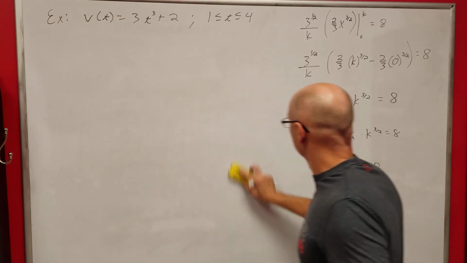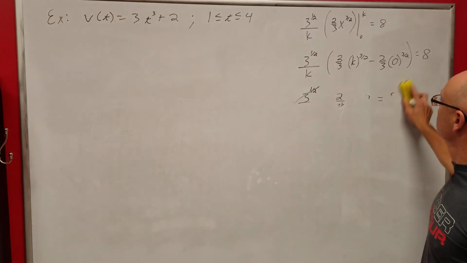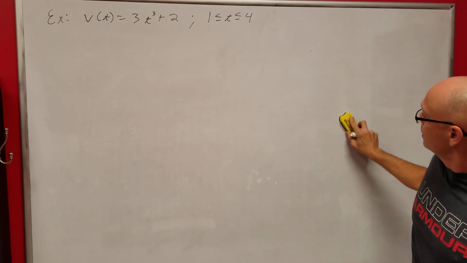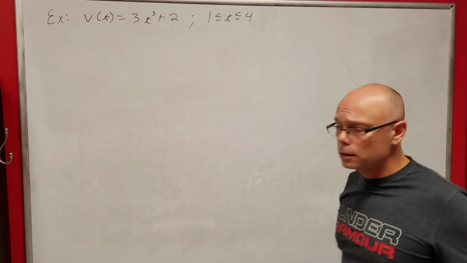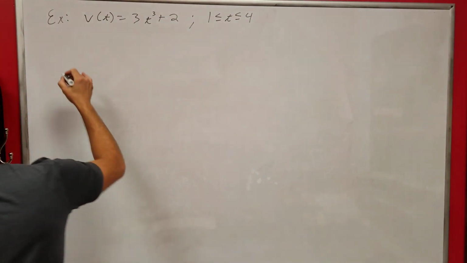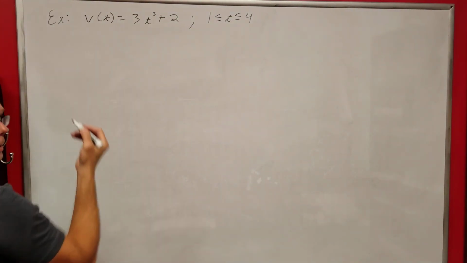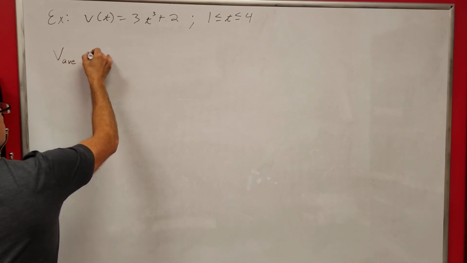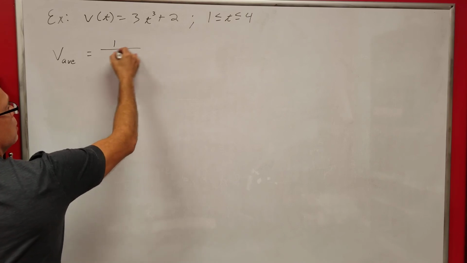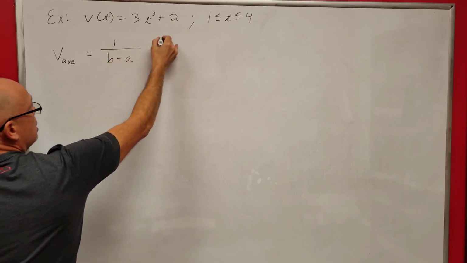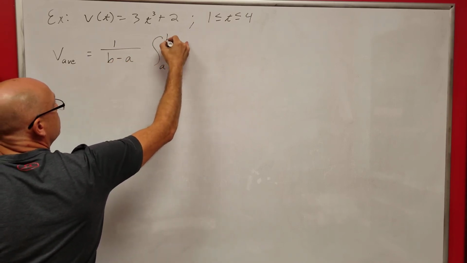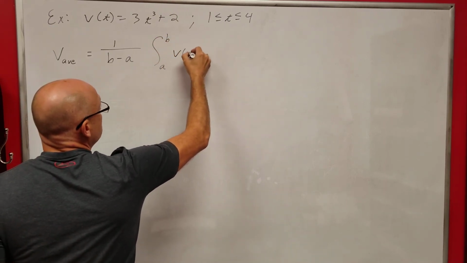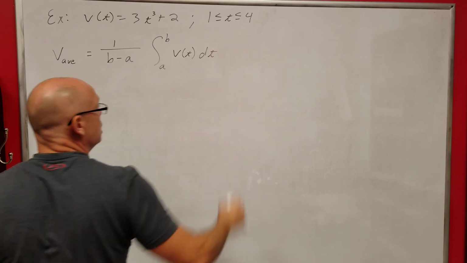All right, how do I find the average value of a function? Because that's all I'm doing here, finding the average value of my velocity function, right? So this time, instead of f average, I'm going to say v average is equal to 1 over b minus a times the integral from a to b of f of x usually, but this time it's v of t dt.